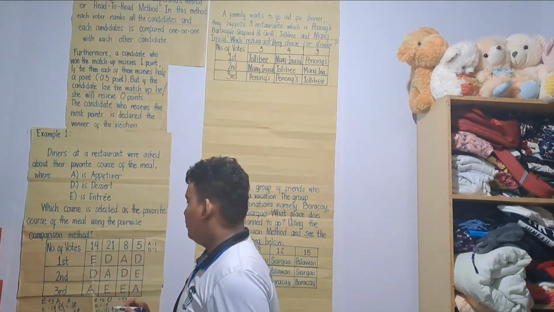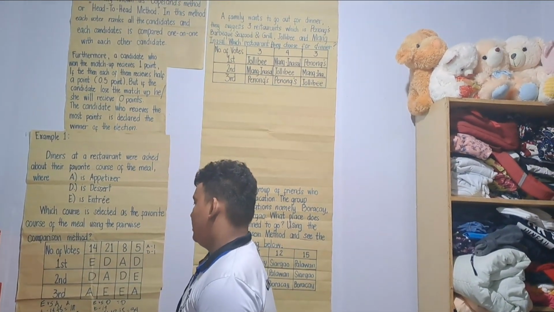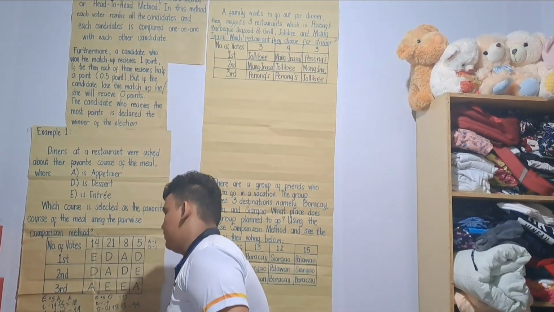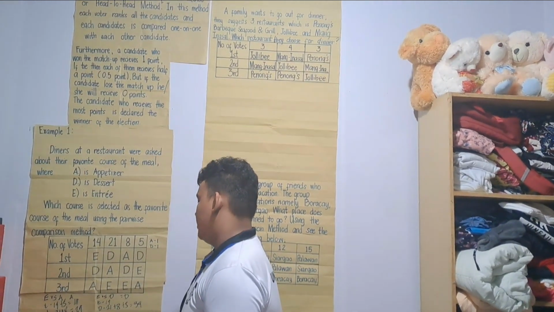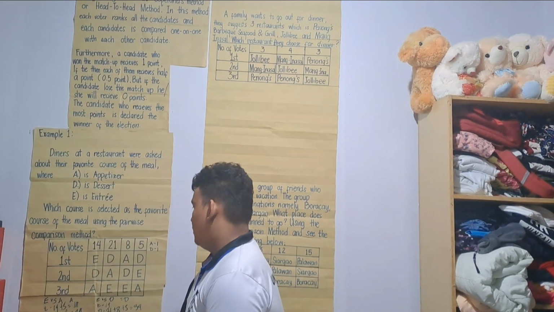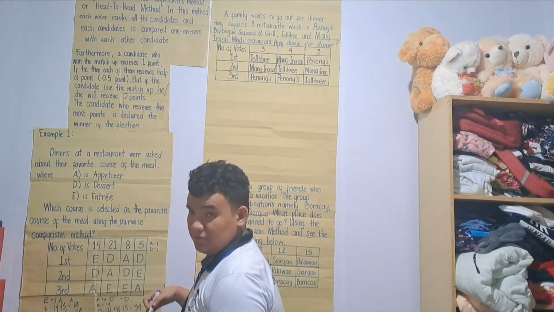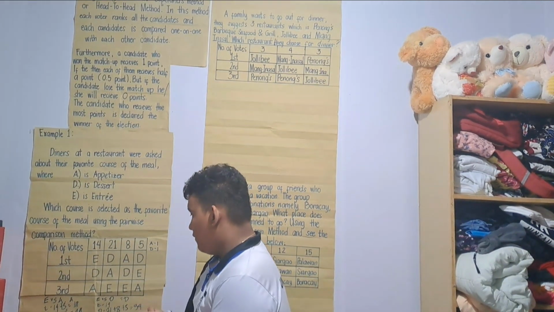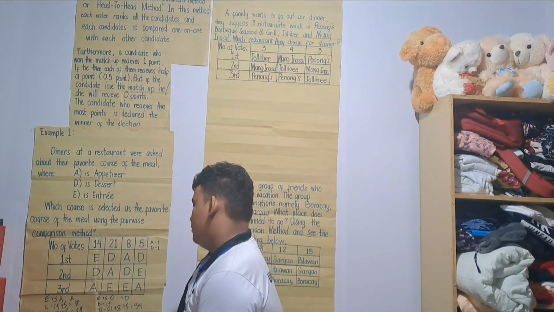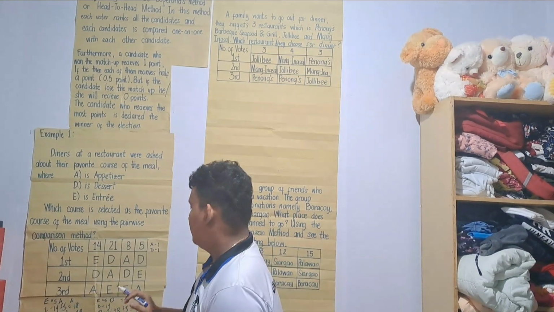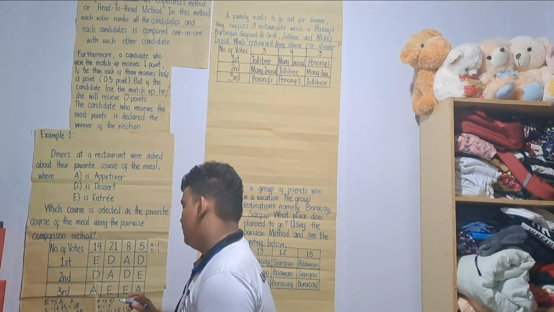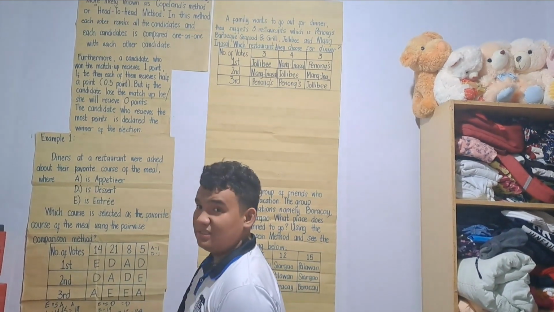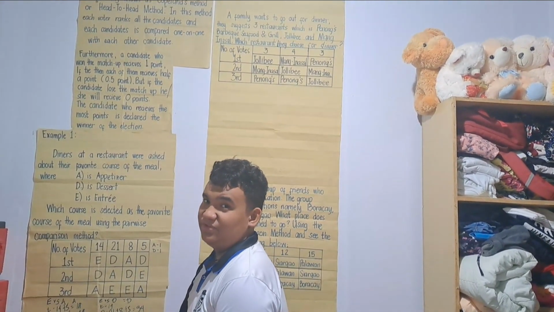In the third column, appetizer has 8 votes. In the last column, dessert has 5 votes over appetizer, because appetizer is always last in the previous three columns.